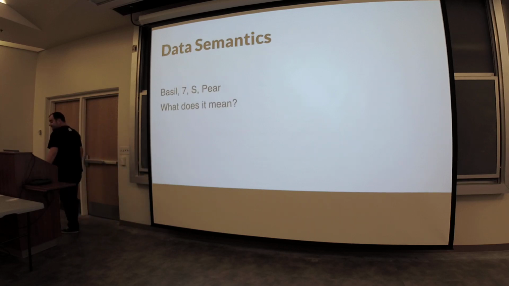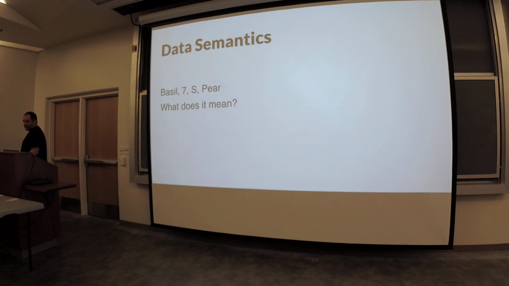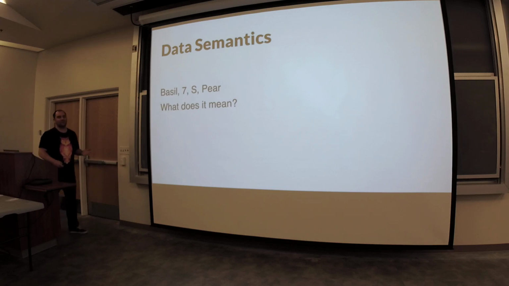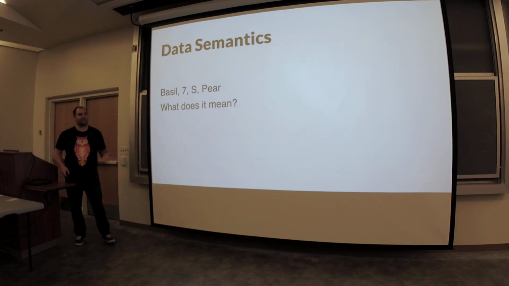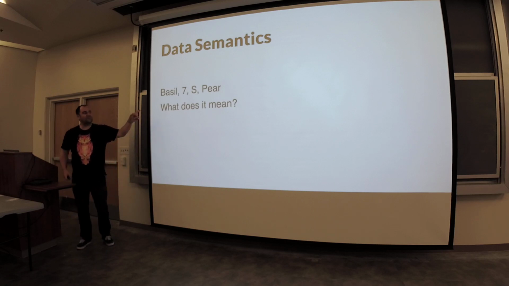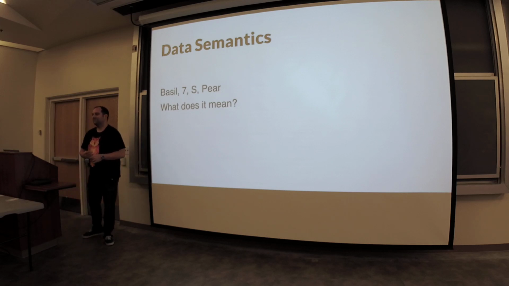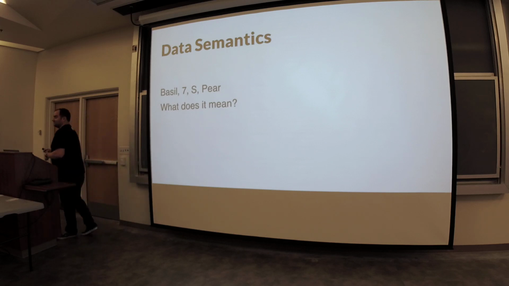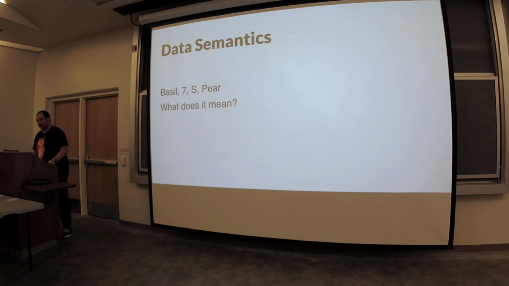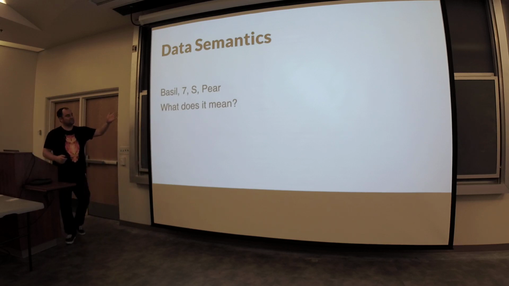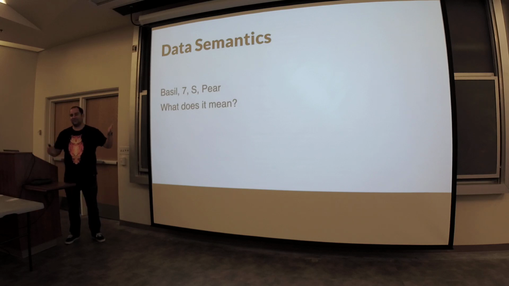Okay, now let's take a step back. One thing that's super important when we talk about data is the semantics of the data. So "basil, 7, small pear" is a valid data vector, right? What does it mean? Basil could be the plant, 7 could be, I need 7 basils, and then I need small pears on my shopping list, right?